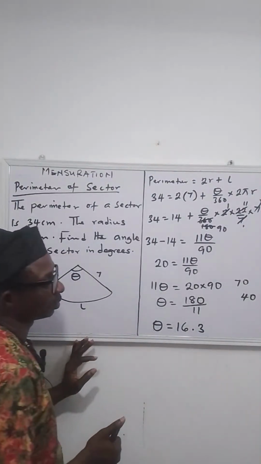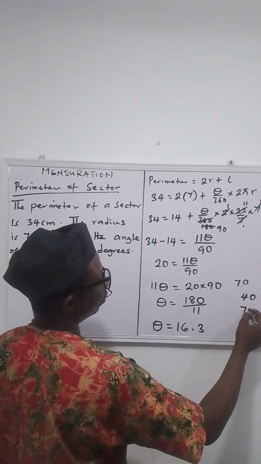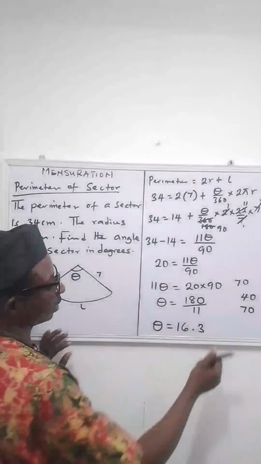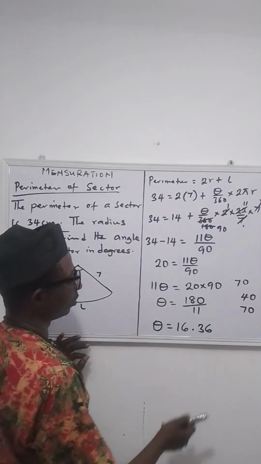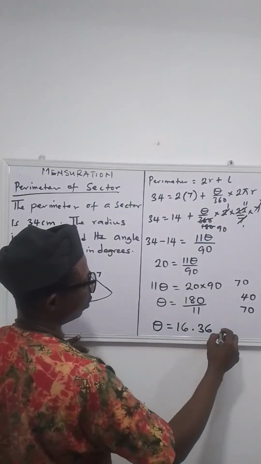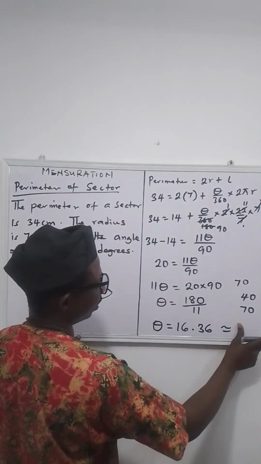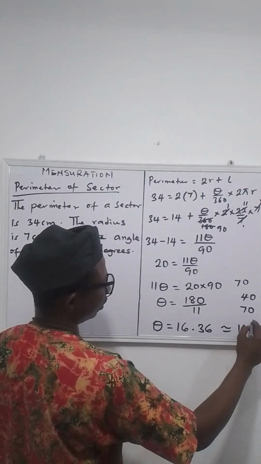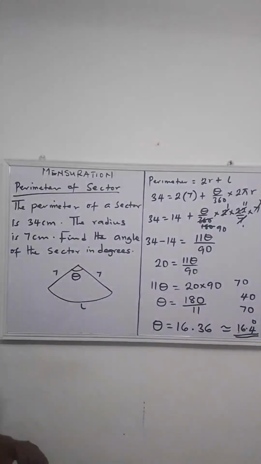It remains 7, so put 0 at the back. 11 goes in it, so we have 6, and so on. All right, so our answer is going to be approximately theta equals 16.4 degrees. So that's going to be the answer to that problem.